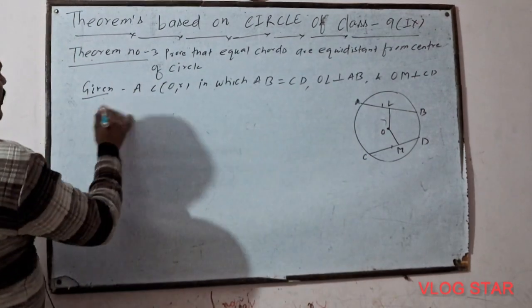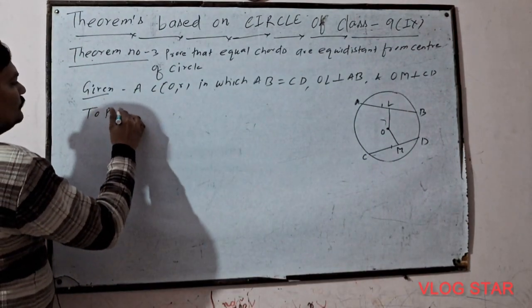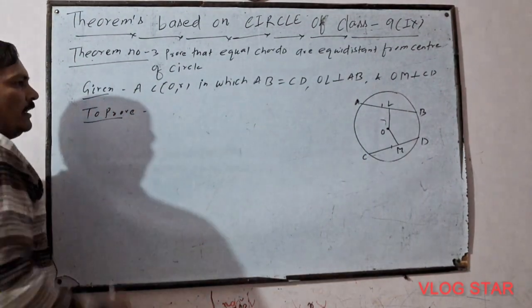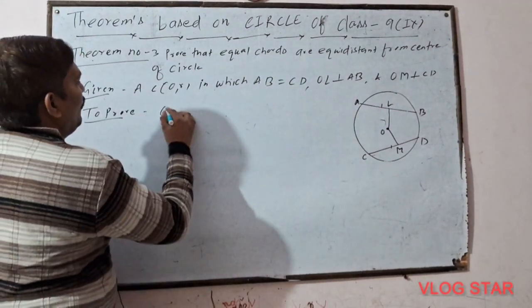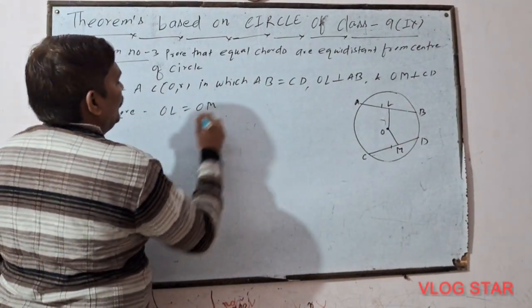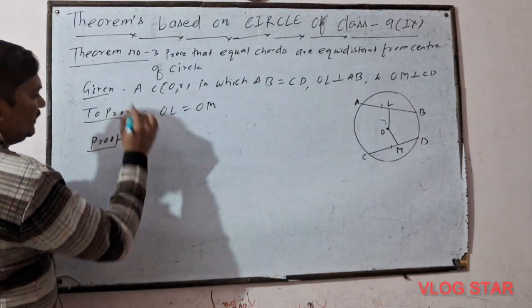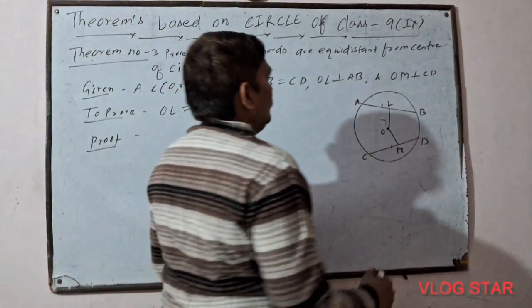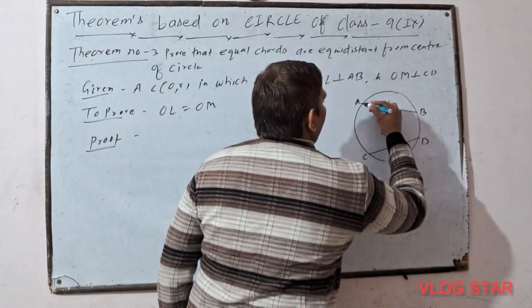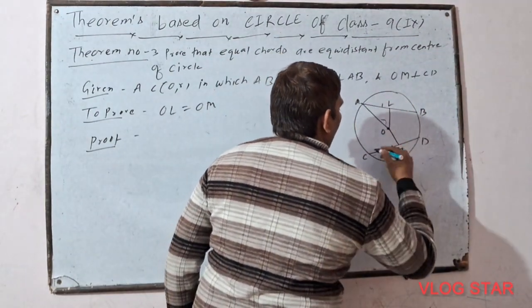Now, to prove: OL equals OM. Now just see the proof. Very simple. Now we will join OA and OC.